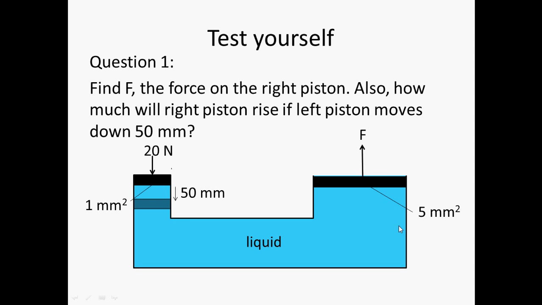The second question is, if this left piston goes down by 50 mm during the pushing process, how much does the right piston go up? Okay, so I would like you to pause the video now and try to solve these two questions, and then once you're done, you can restart the video.